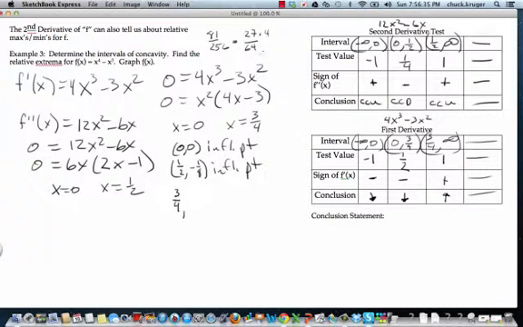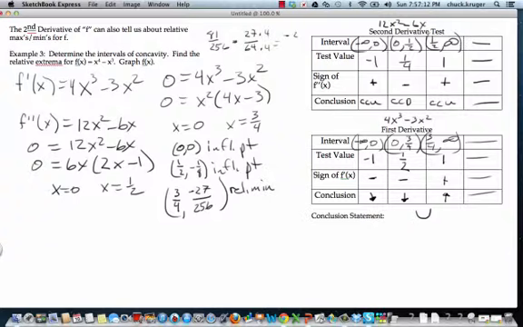I have to multiply that by 4, and I get 108, so a negative 27 over 256. And that point, since the first derivative changed from negative to positive, or from decreasing to increasing, is a relative minimum.